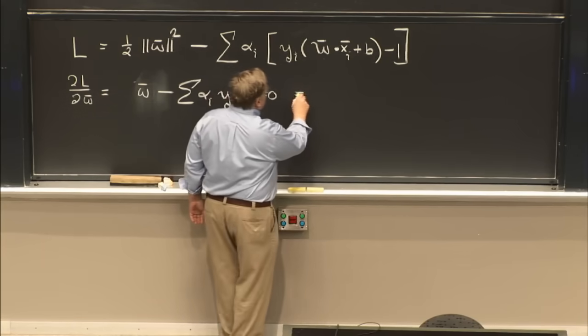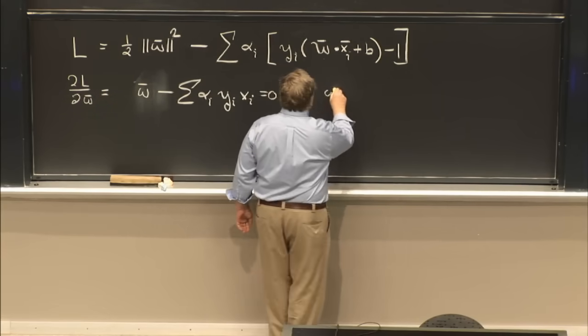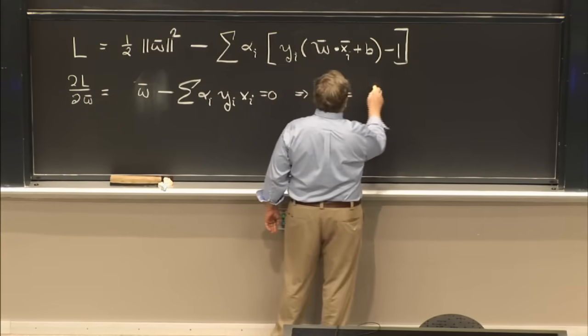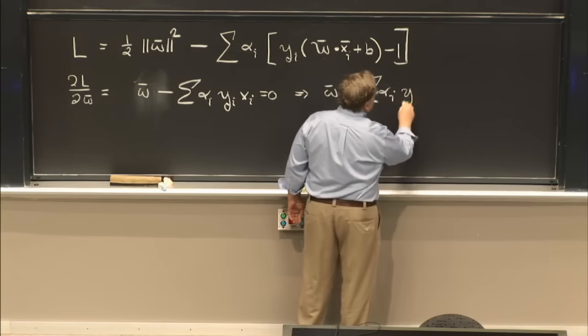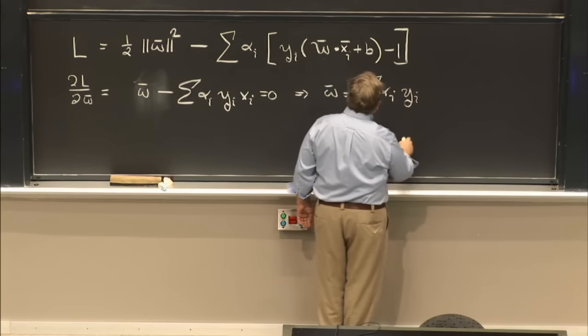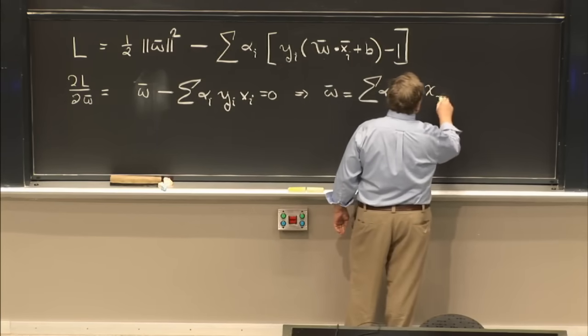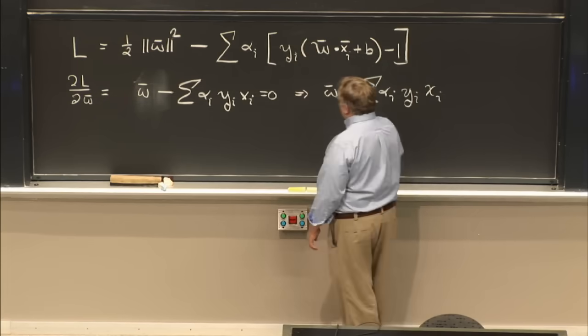And that implies that W is equal to the sum of some alpha I, some scalars, times this minus 1 or plus 1 variable times X sub I over I.